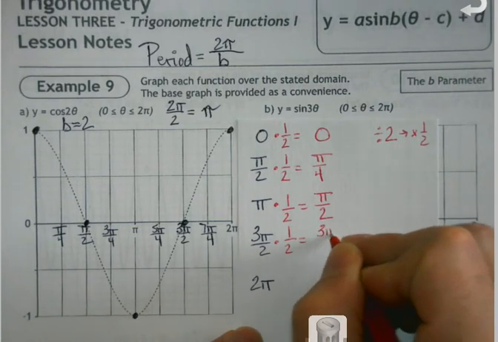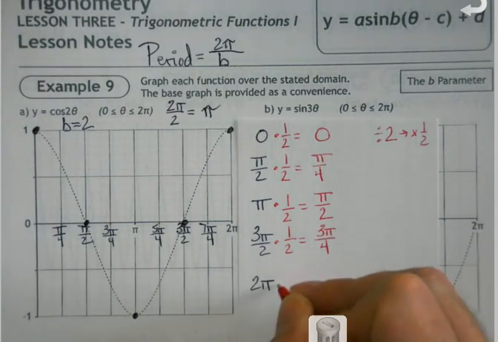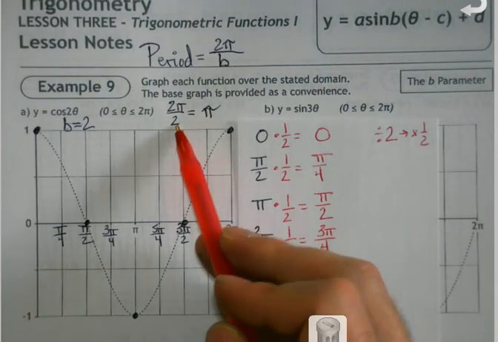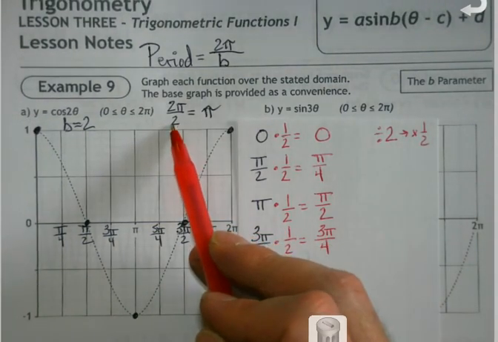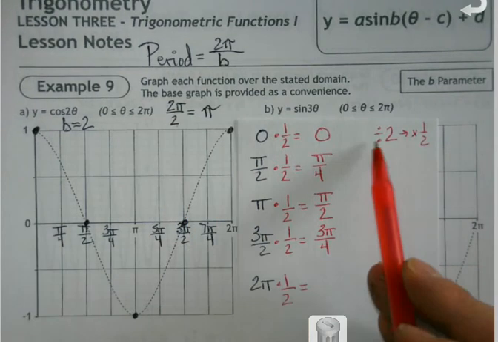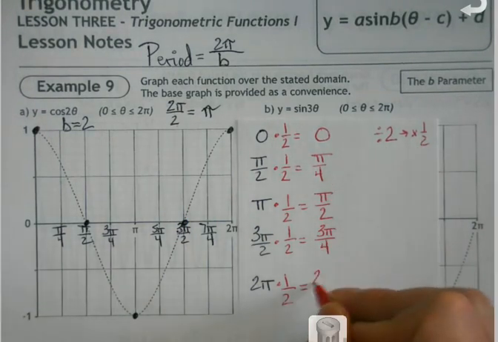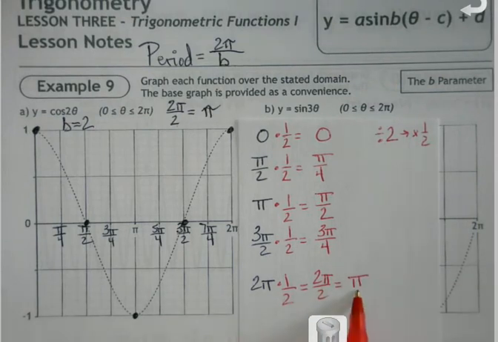I just want to show you where they come from first. Because our b value is 2, so we're going to divide our whole period by 2. So when we divide by 2, it's the same as multiplying by a half. And so what I'm doing right now, and you notice I end at pi, which is where this is going to be. So here's how this works.